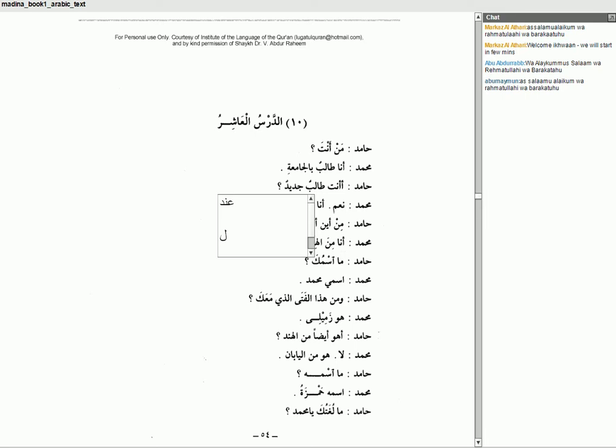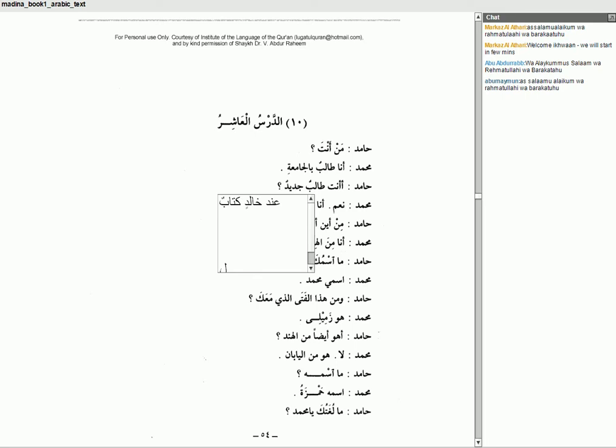So, for example, you could say, Enda Khalidin kitabun. عند خالد كتاب. Enda behaves like a harf al-jar, even though technically it's mudaf, and Khalid is mudaf ilayhi, and then kitabun.